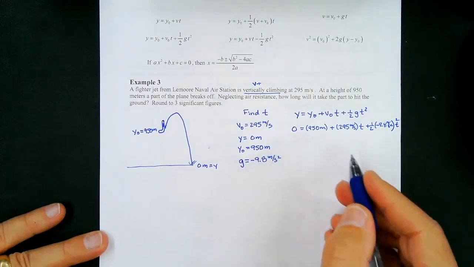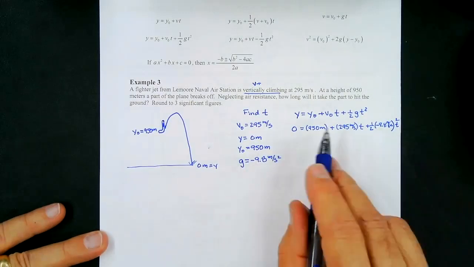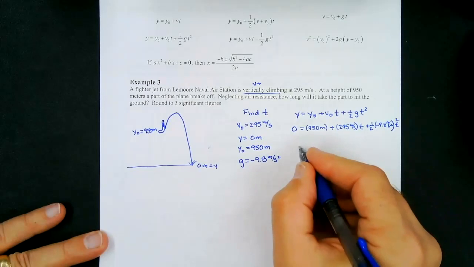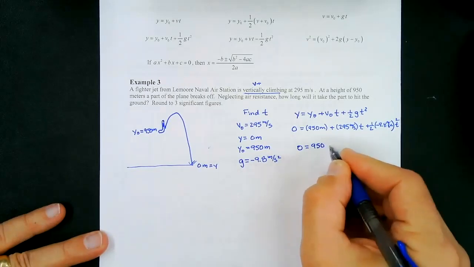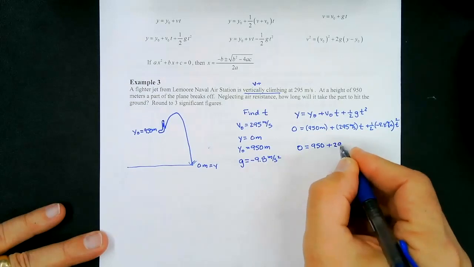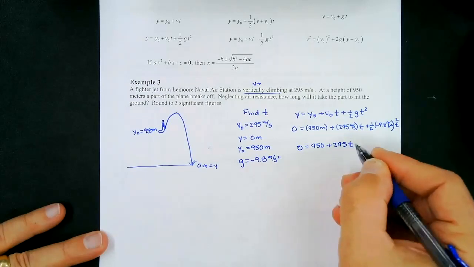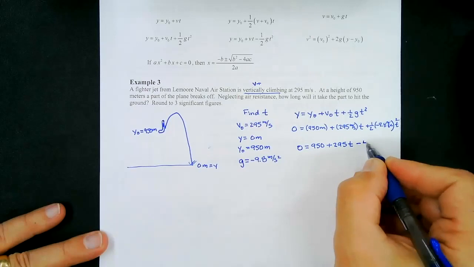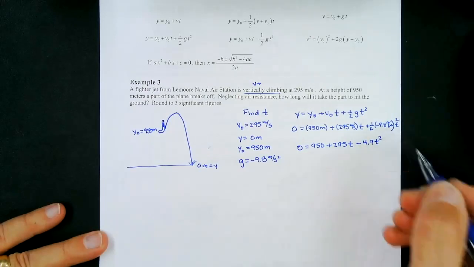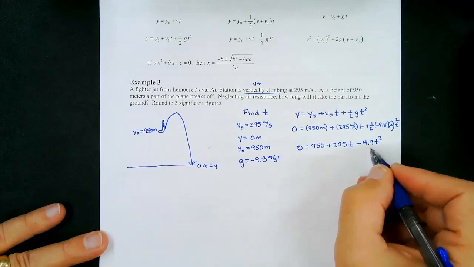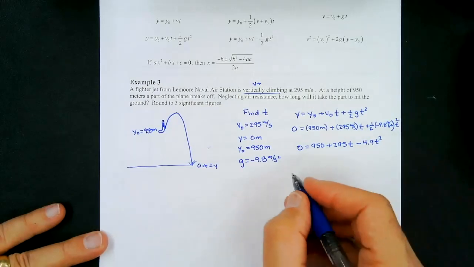Okay, so without the units, and multiplying and cleaning this up a little bit, this is going to be 0 is equal to 950 plus 295 t. This is going to be minus 4.9 t squared, because half of negative 9.8 is negative 4.9. So that's why we're writing the minus 4.9.